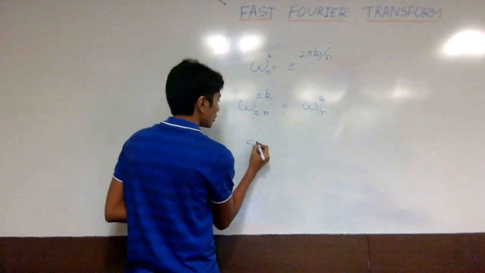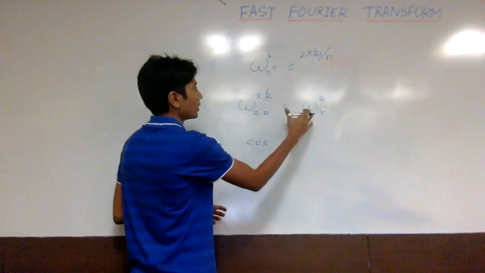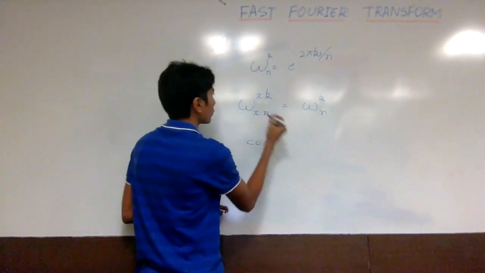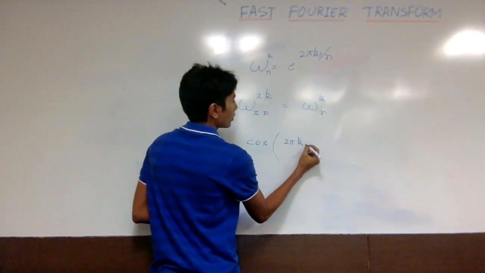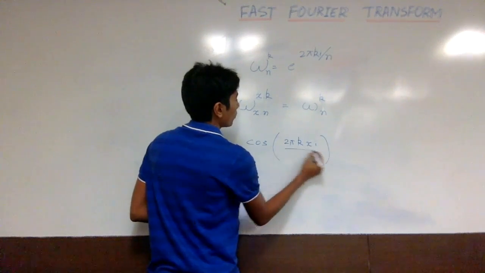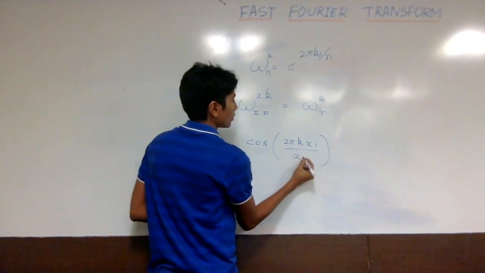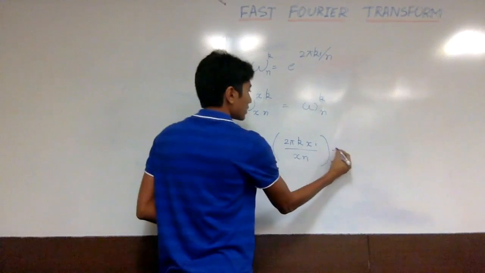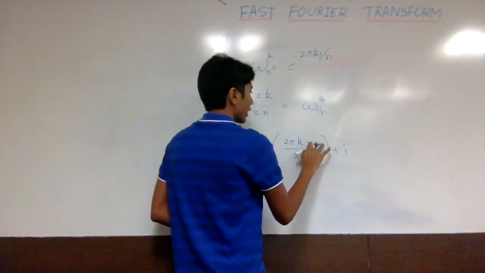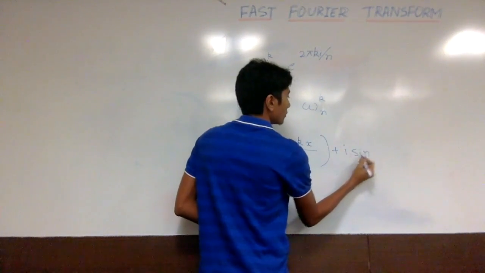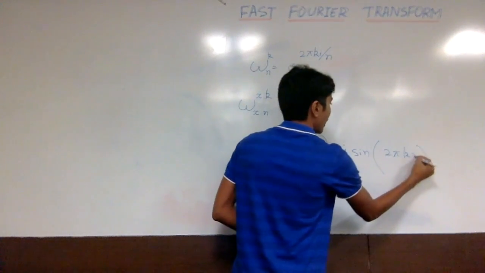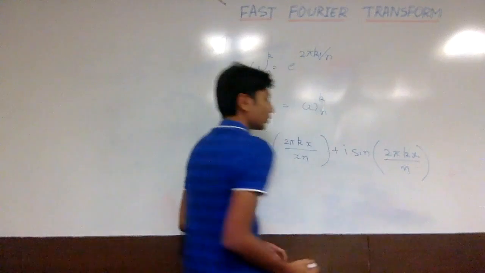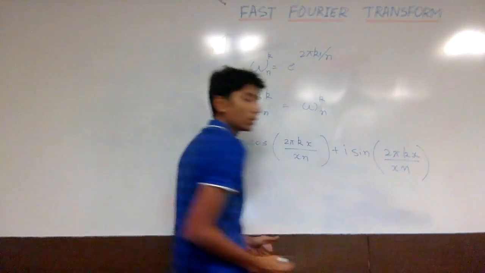You have this value, so that is cos of 2 pi k x by x n, plus i sine of 2 pi k x by x n.